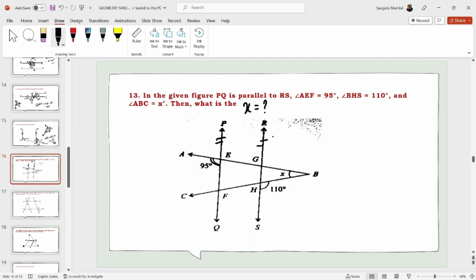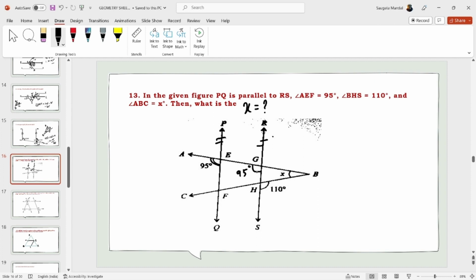So angle AEF and angle EGH are corresponding to each other. That means the value of this angle is 95 degrees. Is it clear to you?